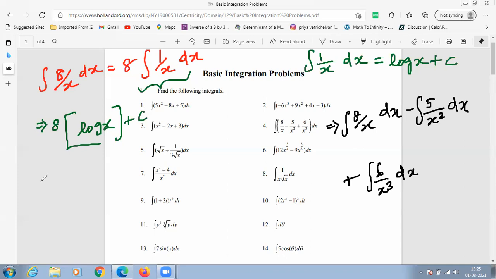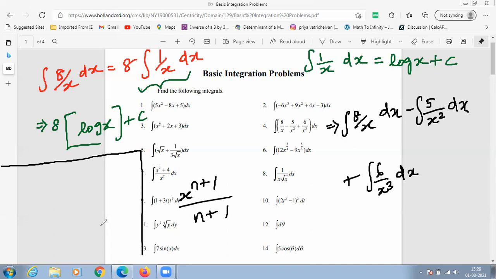In case I'm taking the x to the numerator, I'm just going to explain why you are not allowed to use this x power n plus 1 formula, right? If I take the denominator x to the numerator, it will become integral 8 into x power minus 1 dx, because here in 8 by x the power is 1, and if you take it to the numerator, the positive will become negative, right? So take the 8 outside, x power minus 1 dx.